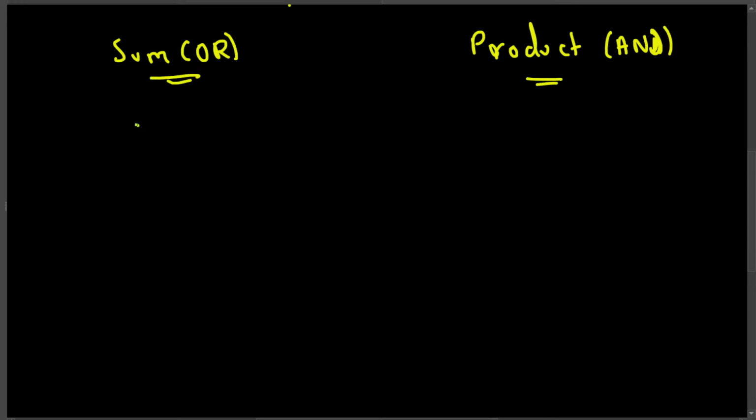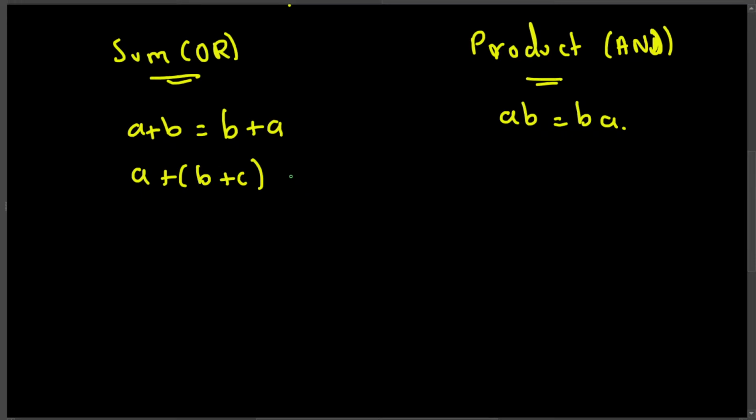If we have A plus B, that is equivalent to B plus A. And in product, A times B is equivalent to B times A. In sum, if we have A plus B plus C in the bracket, that is equivalent to A plus B in the bracket plus C. And in the product rule, A times BC in the bracket is equivalent to AB times C.